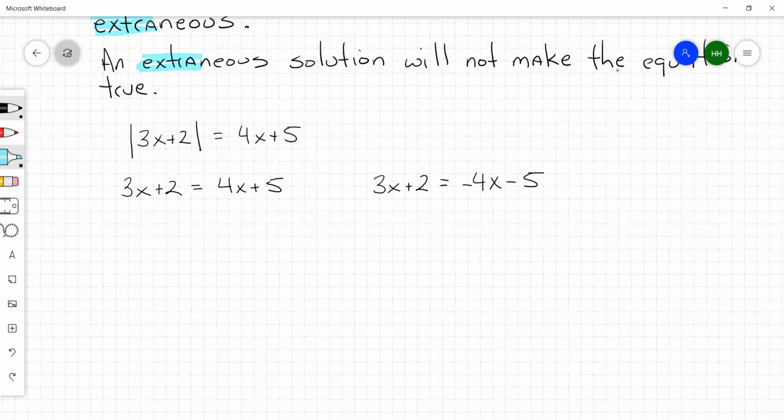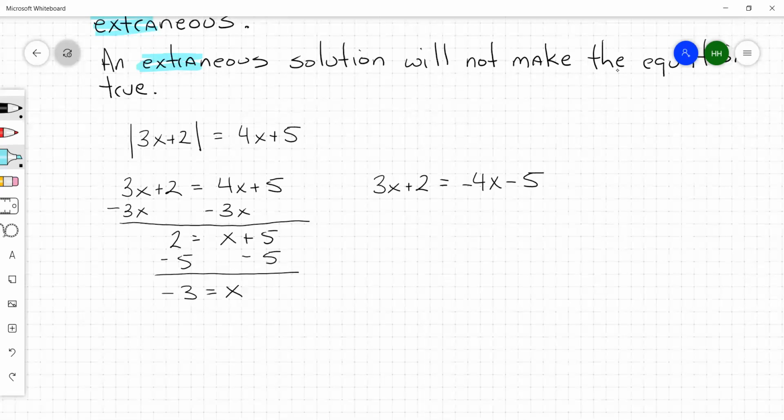So we solve this now. Subtract 3x from each side. 2 equals x plus 5. Subtract 5. Two minus 5 is negative 3 is equal to x. So there's one of the possible solutions. Add 4x to each side.